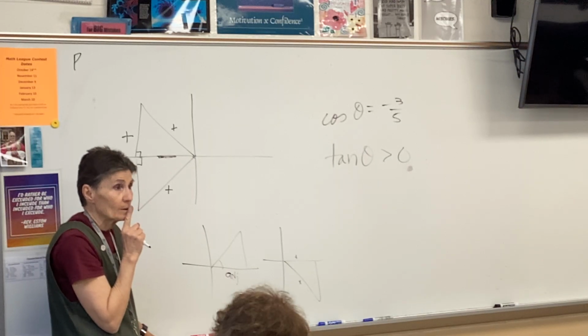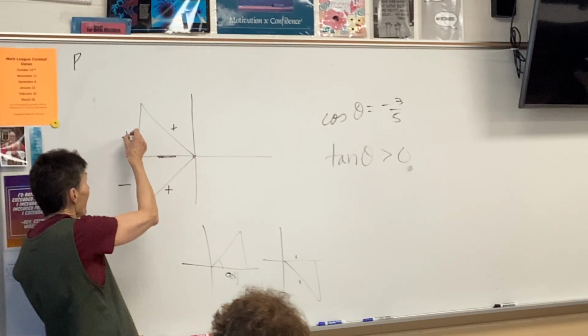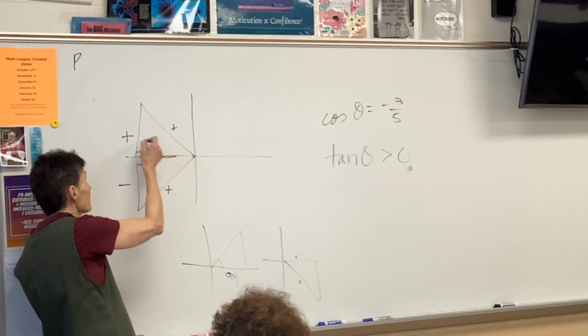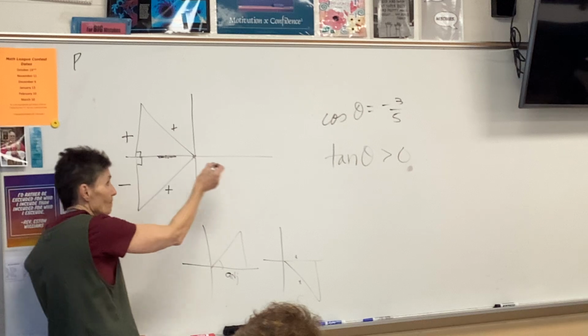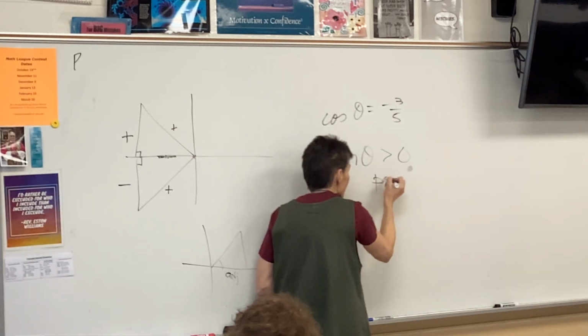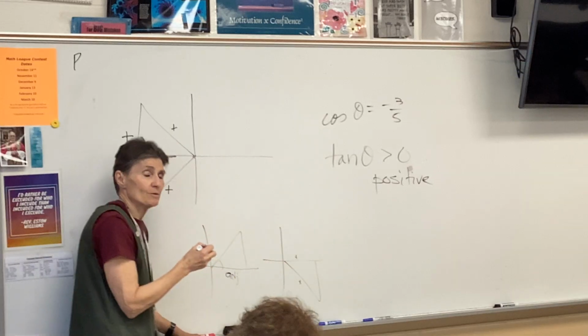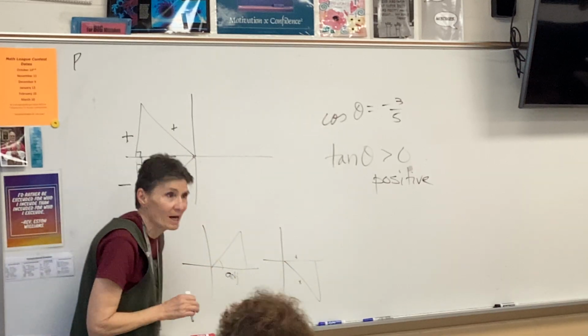What's tangent? Opposite over adjacent. So let's look at this quadrant right here. If I put opposite over adjacent, will that be a positive number? It's positive over negative. Is that positive? This says the tangent has to be positive. Guys, you're starting to wig me out here. Positive over negative is not positive.